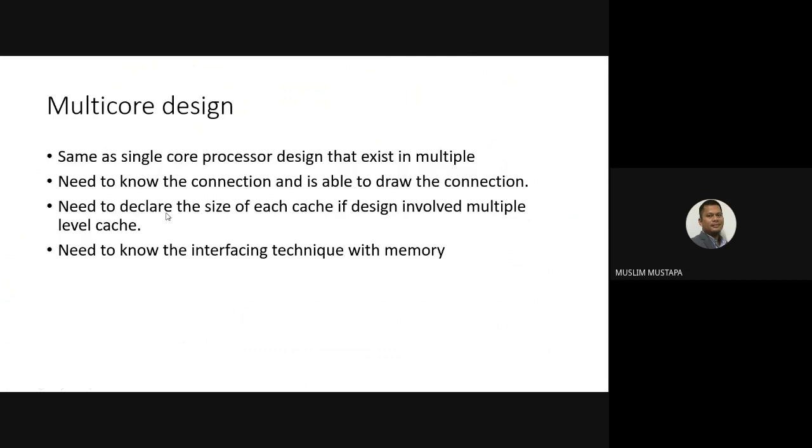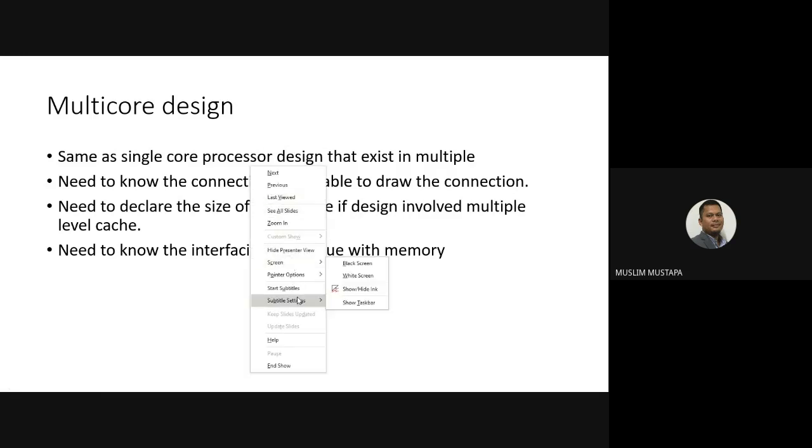For multi-core design, it's the same as the single core processor, but the difference is that it exists in multiple. This is the chapter that I covered, so you can go and check in the multi-core design chapter how the multi-core processors are connected. You have to know how to draw the connection.